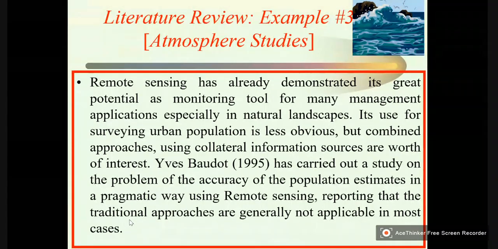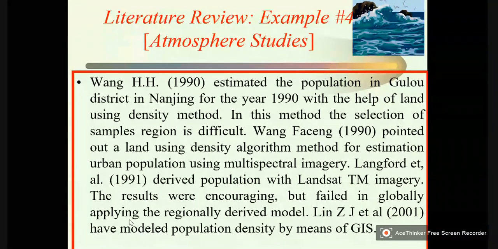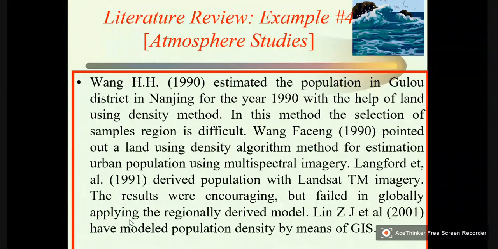So yes, one particular researcher has reported that the traditional approaches are not applicable in most of the cases. Another thing, Wang, 1990, estimated the population for the year 1990 with the help of the land use density method. So here the problem and the approach.